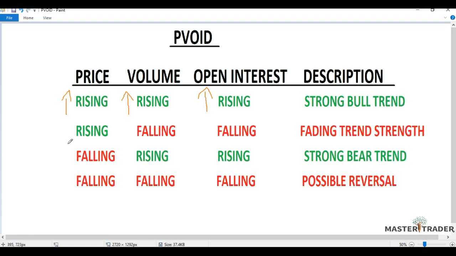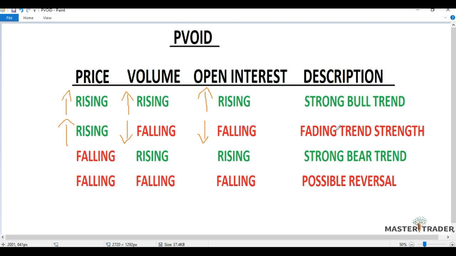In the second case, price is rising, but volumes start to fall, we have a decrease in volumes, and open interest is also falling. The interest in that particular contract is going down.